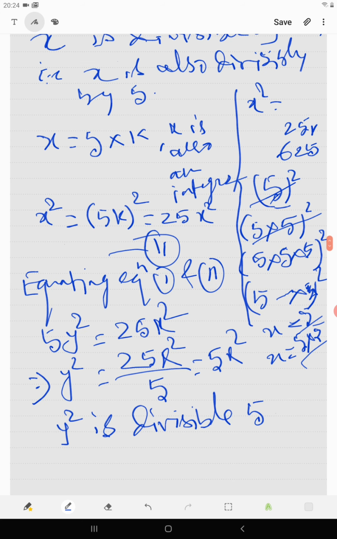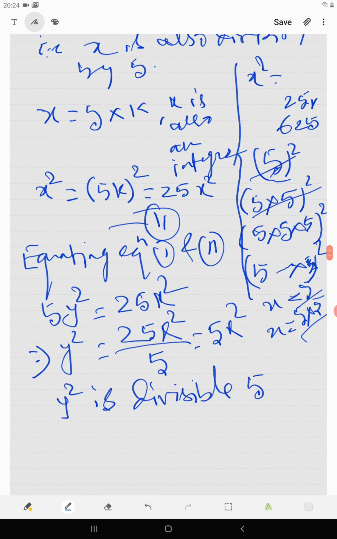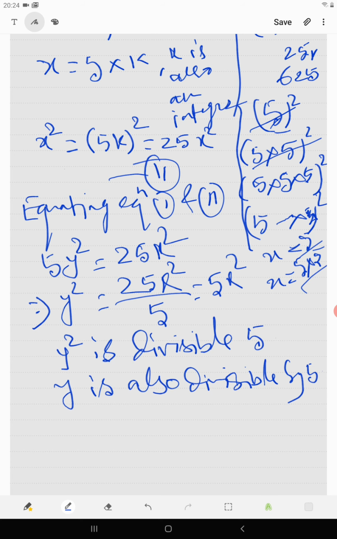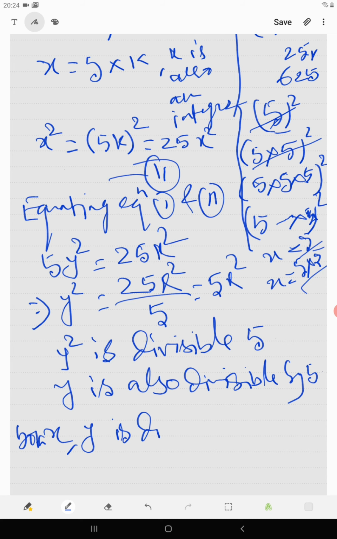Now as we have seen, if x square is divisible by 5, then x is divisible by 5. Similarly, if y square is divisible by 5, that means y is also divisible by 5. Now, can you see the contradiction? Both x and y are divisible by 5.